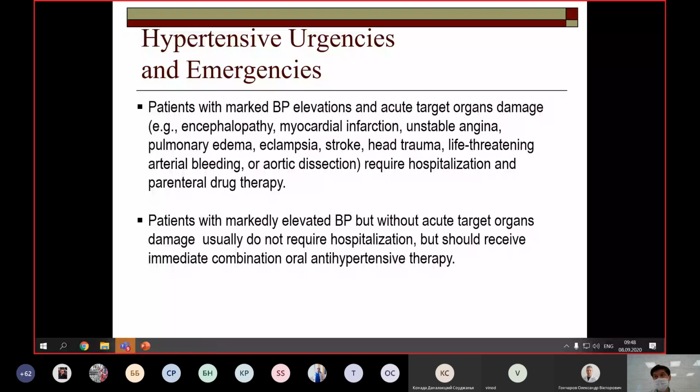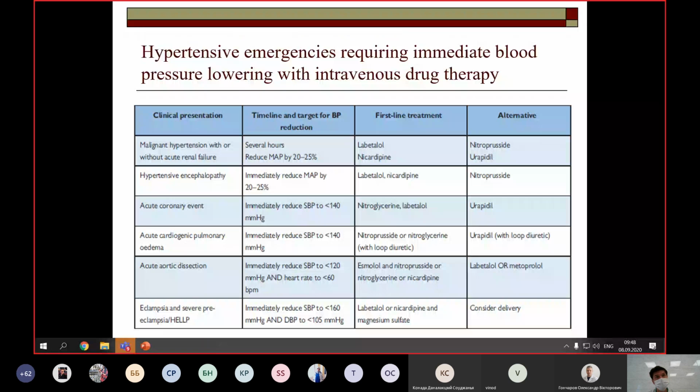What kind of drugs should be used in the context of the stable evolution of hypertension? On the slide, we have some approaches that are used routinely for patients with an established crisis.